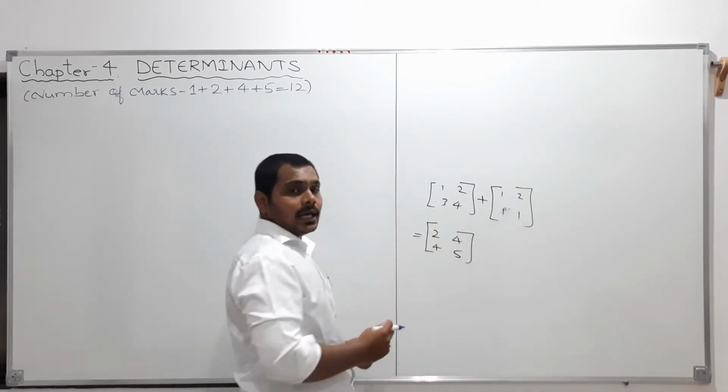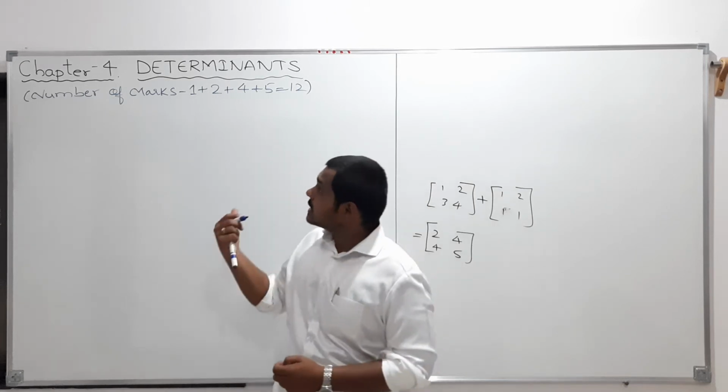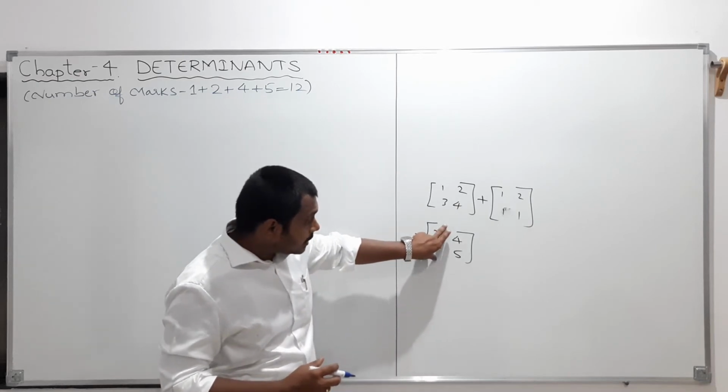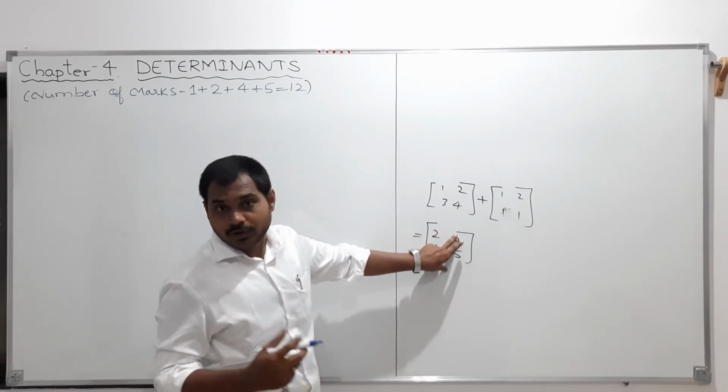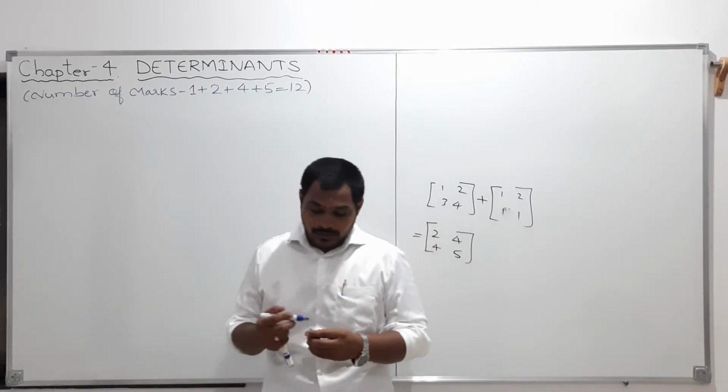Like this, again you are getting a matrix only. Clear? So now in this chapter, determinants, we will find the actual value of a matrix. How to find the determinant, that we will discuss.